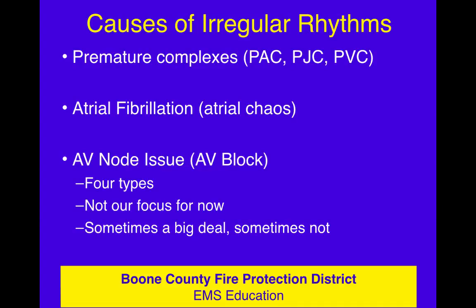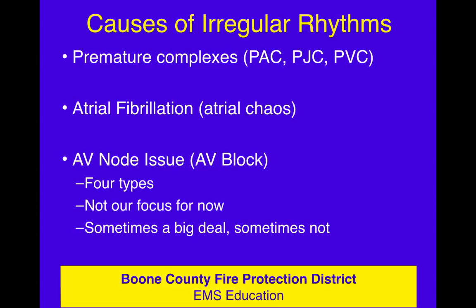There are other issues with it, like clot formation and such. But as far as the cardiac output goes, atrial fib at 70 is tolerated. Atrial fib at 140 is not tolerated well. So irregular rhythms can cause us problems with cardiac output, and that's the big idea here.